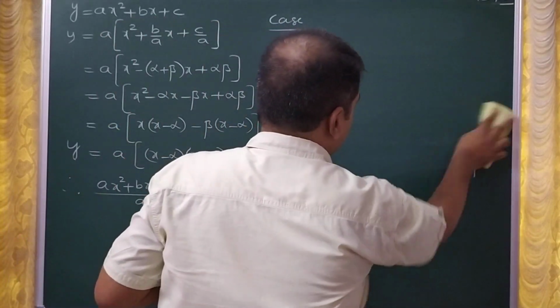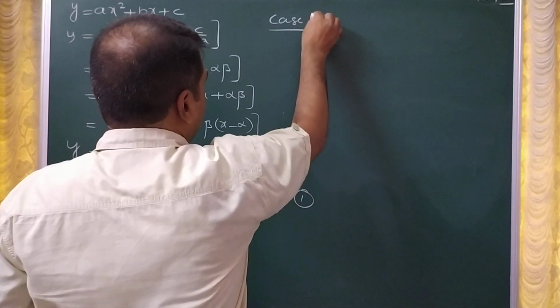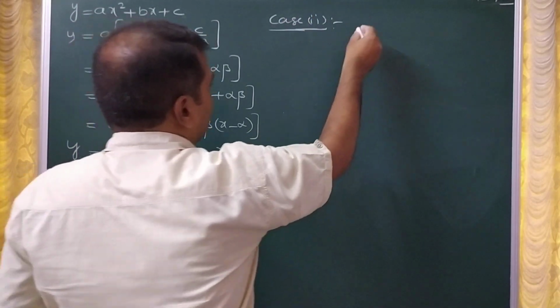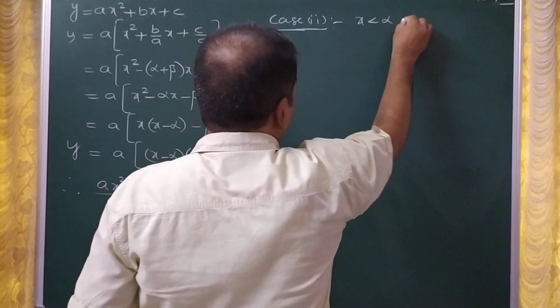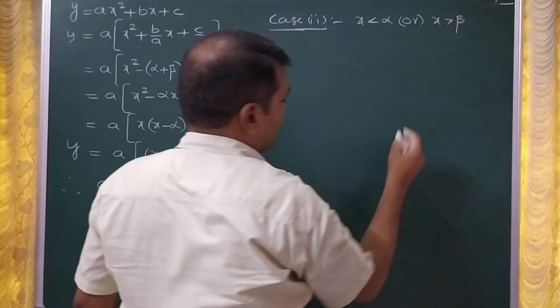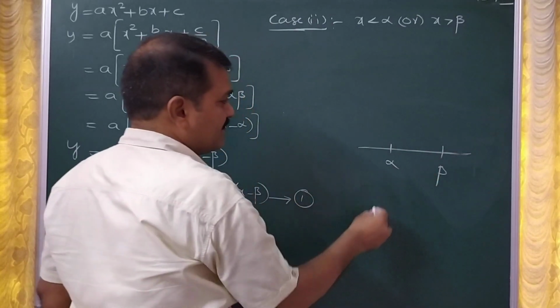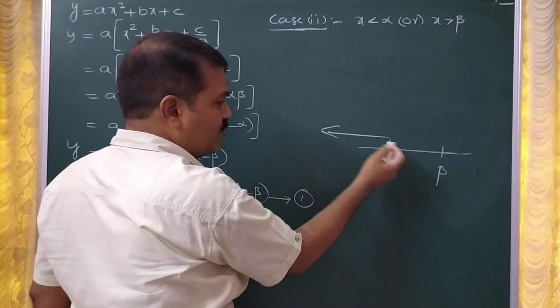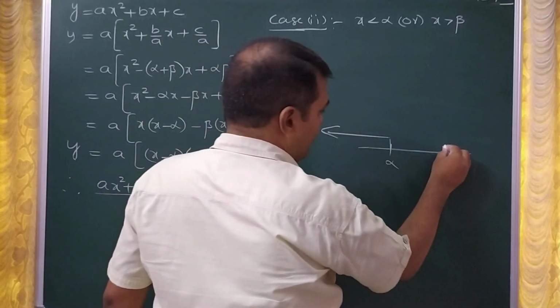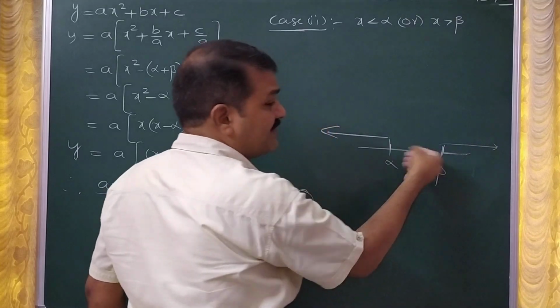Now let me take case 2, that is if x is less than alpha or more than beta, that is, x does not lie between the roots. So for example, if alpha, beta are roots like this, x will be taken as a value which is less than alpha, or x will be taken as a value which is more than beta but not between the roots.